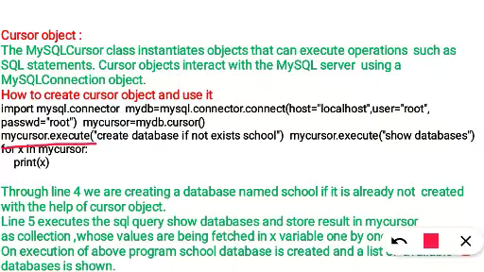So what we are going to run first is create database if not exists school, and in the next line we write mycursor. This is optional, if you do not want to write it you can skip it, but if you write it, it will help you. Now mycursor.execute show databases.